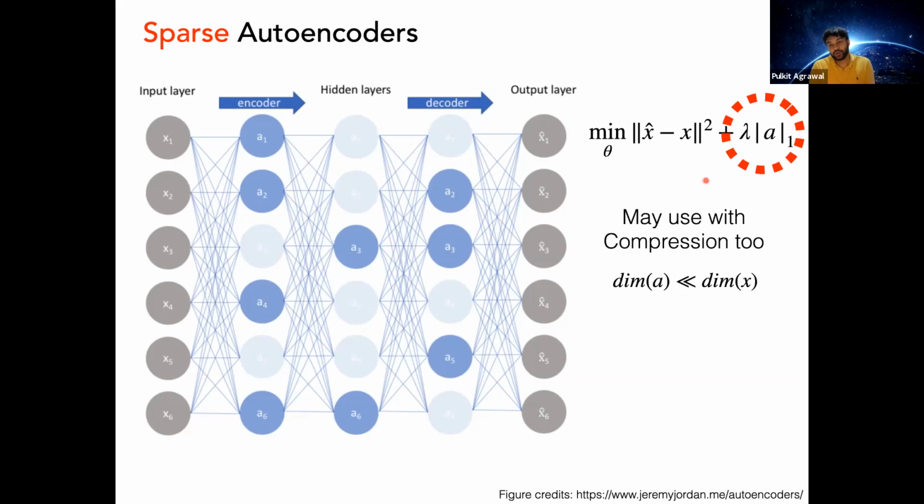Now, you could use sparsity with compression too, if you wanted to. Or many times, people use sparsity with over-parameterization. For example, they will make the dimensionality of A high, but really tune up lambda, or make the values of lambda super high, so that only a few of these A's get selected.